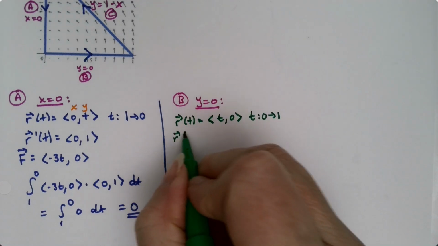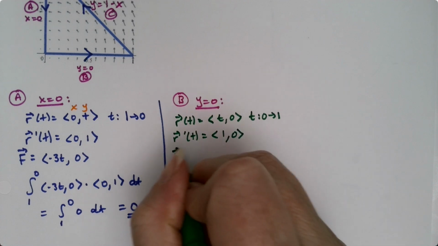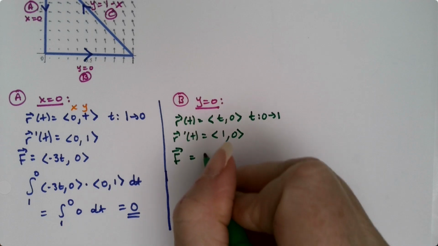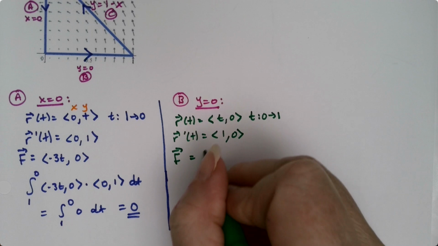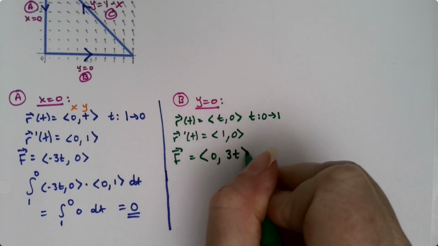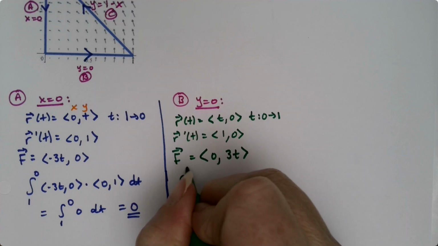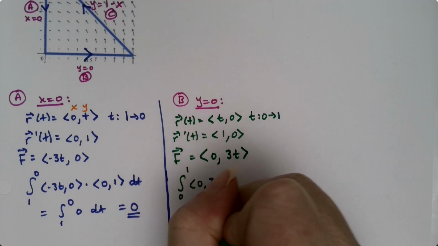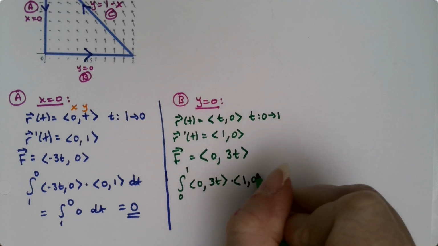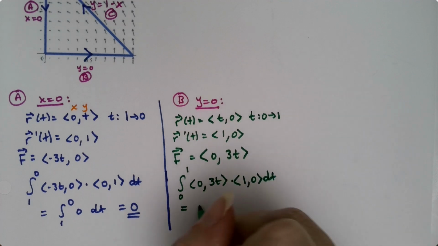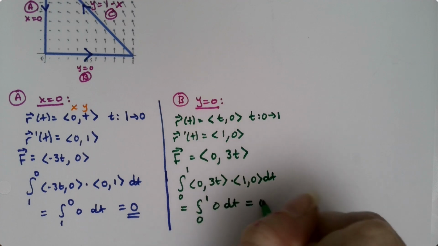R prime of t is 1 comma 0, and then f would be negative 3 times 0, which is 0, and then 3t. So 3x becomes 3t. So then we're integrating from 0 to 1 of 0 comma 3t dot product with 1 comma 0. And yet again, we are integrating from 0 to 1 of 0 dt, which is 0.